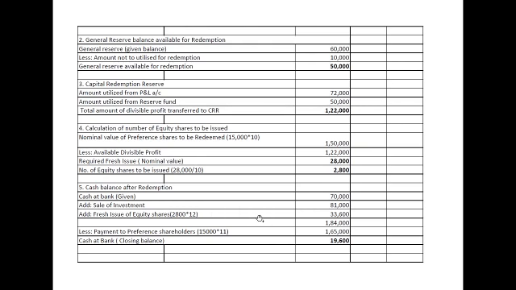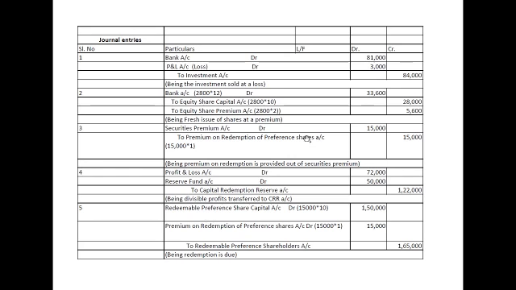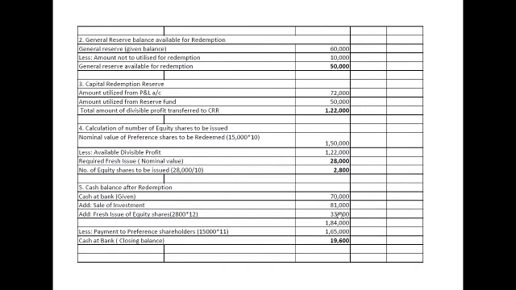Similarly, from the fresh issue, the proceeds you will get, including premium, you have to write as per the journal entry. This one, bank account debit, 2,800 into 12, that is 33,600. So if you add the two figures, you will get 1,84,000. From this amount, the final settlement amount paid to the preference shareholders, 15,000 into 11.